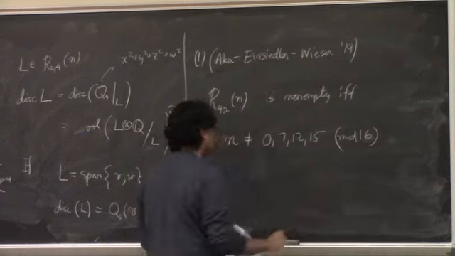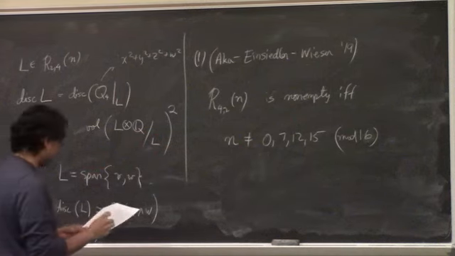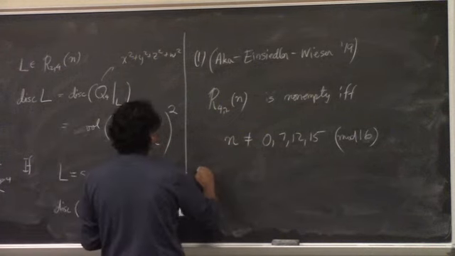So this is an analog of Lagrange's three squares theorem, which tells us when numbers are a sum of 3 squares. 2.